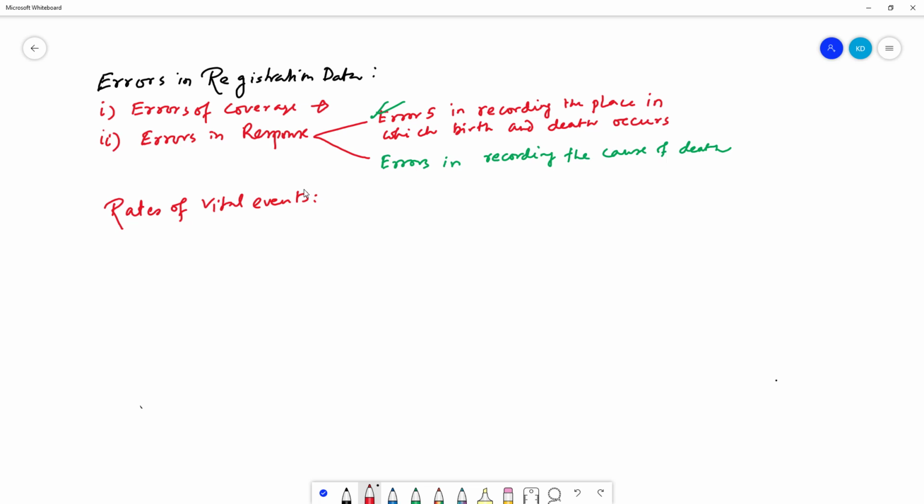So, by relating these two, mainly the number of deaths to the population size, we have a rate. In this example, we call it the death rate.